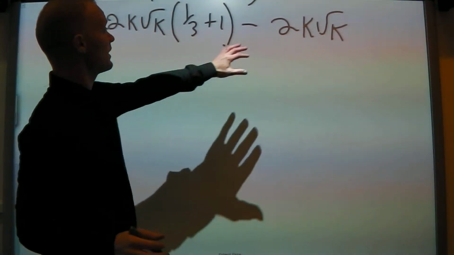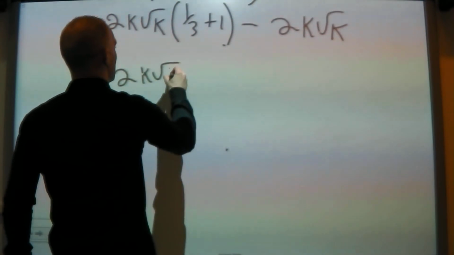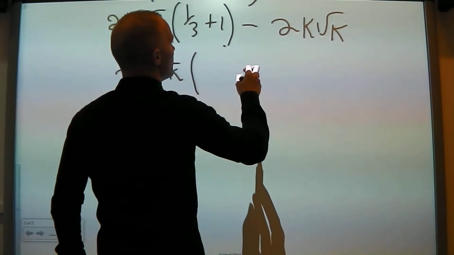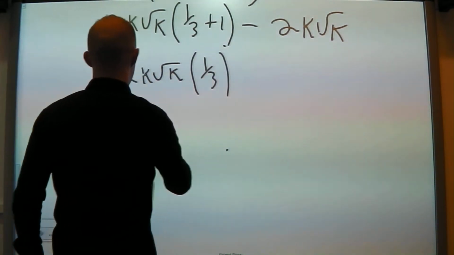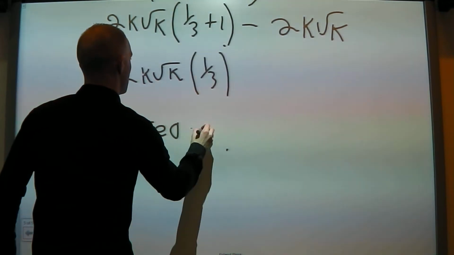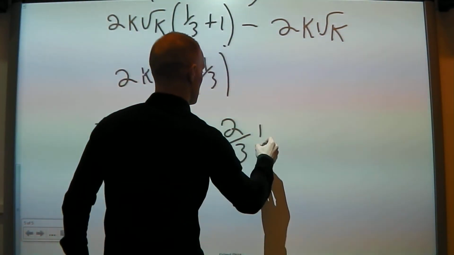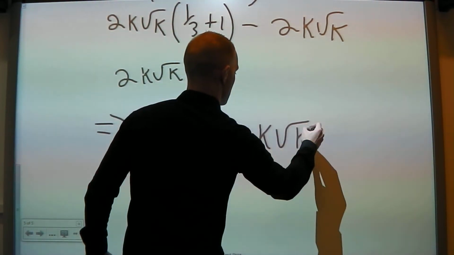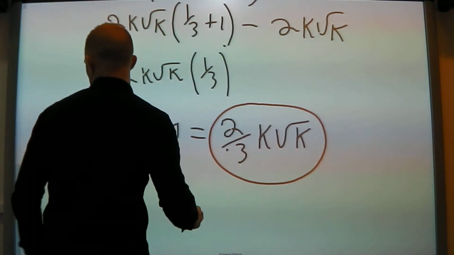Now we can also take out 2k root k as a factor here. So that's equal to 2k root k into a third plus 1 minus 1. So it's equal to a third. So that implies the area is equal to 2/3 k root k. And that is the area bound between the curve and the tangents there.